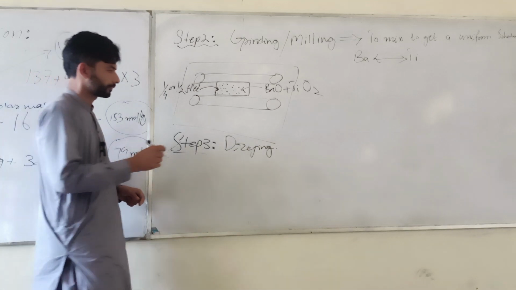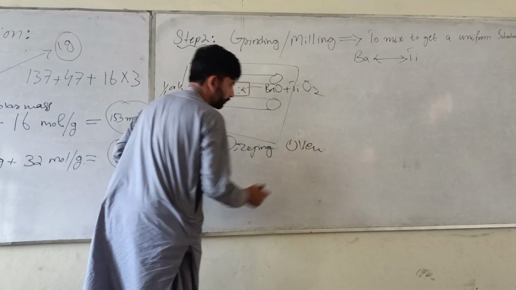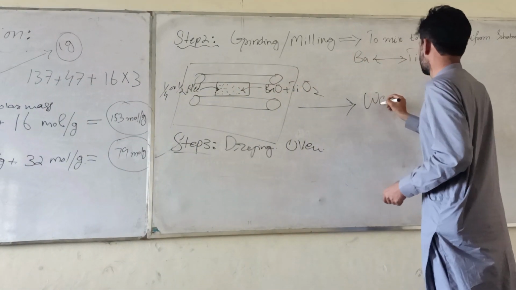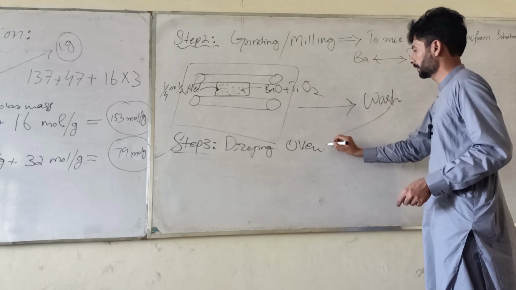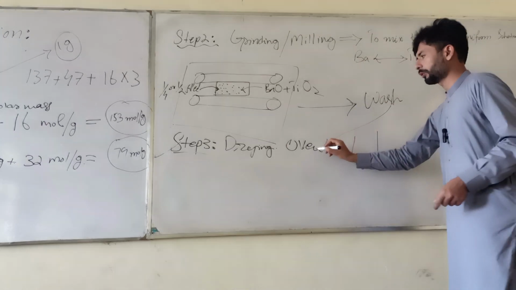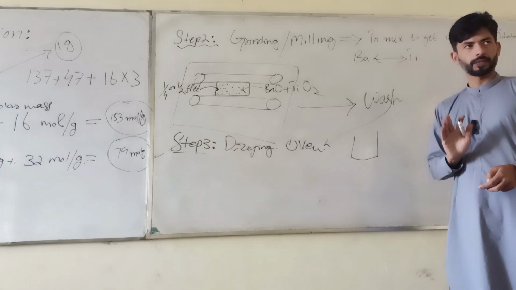So here is a drying oven. Now wash this, and then put it in a beaker inside the oven for drying. Did you understand?